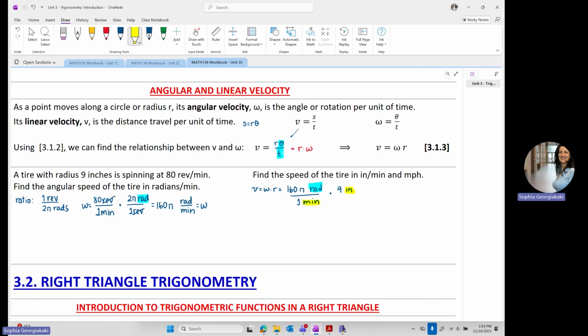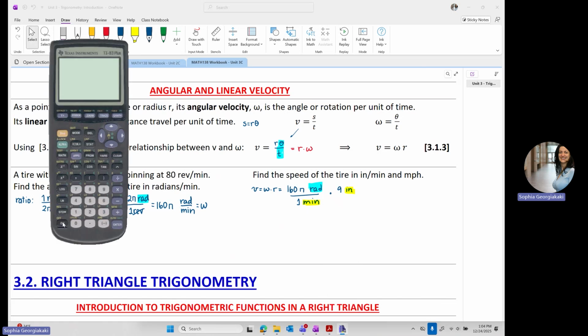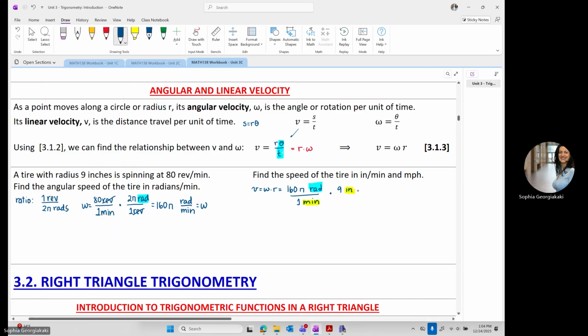So I'm good to go. I'll just do the math. How much is 160 times 9 divided by 1? It is 1440 pi inches per minute.